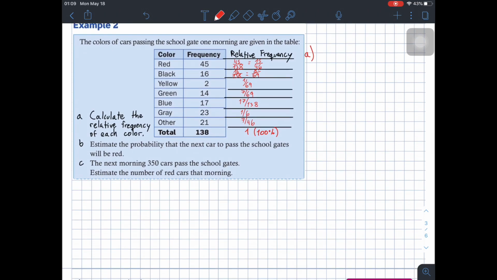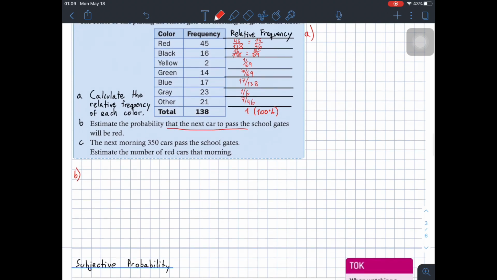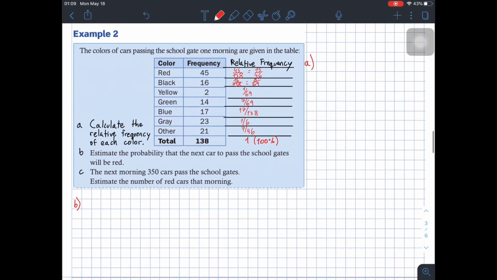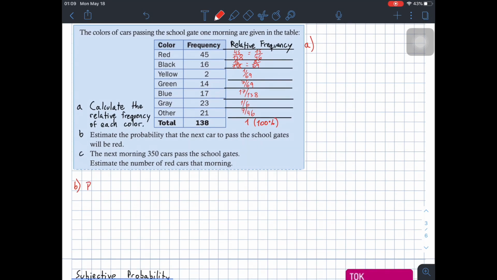Then we have part B, which says estimate the probability that the next car to pass the school gate will be red. Okay, if we have the relative frequency, the probability is directly that number over here. But if you want to think about the logical process, let me write this as probability of red.